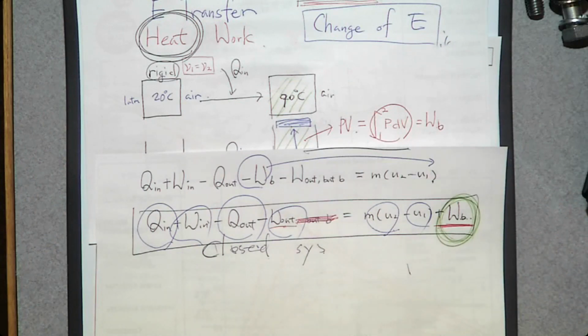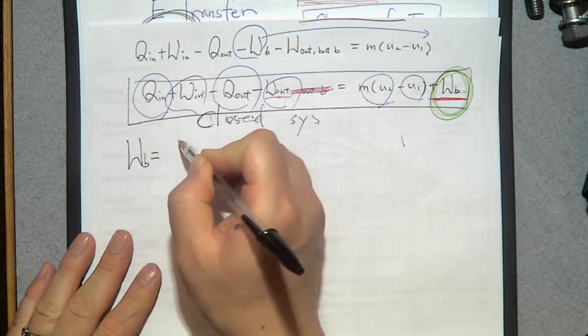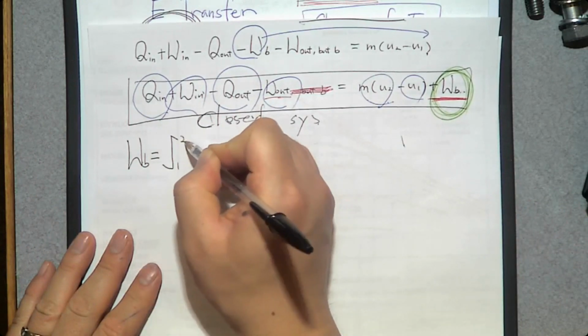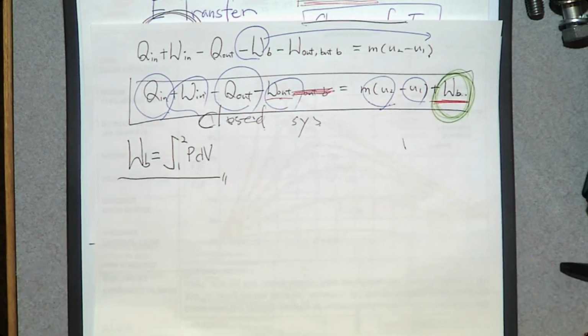So that's how we evaluate WB. Moving boundary work can be evaluated by this integration from 1 to 2 of pressure over volume. Now, do you like this mathematics? No, that's okay, because we have geniuses out there, those majoring in mathematics, who solved this equation for us. So let's review their solution.